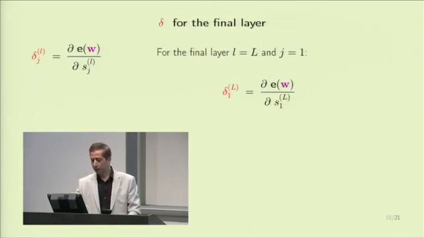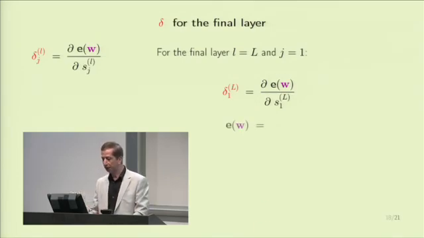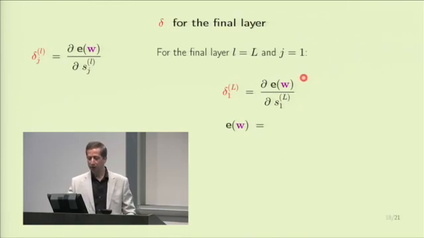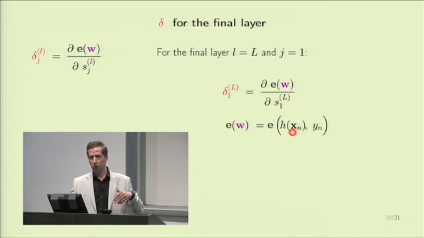Now, can I compute this? Let's look at it. This is E of W, the thing I'm differentiating. What is E of W? It is the error measure, whatever you have, between the value of your hypothesis, that is the value of the neural network in its current state with the weights frozen. You apply xn, you go forward until you get the output, that is h of xn.